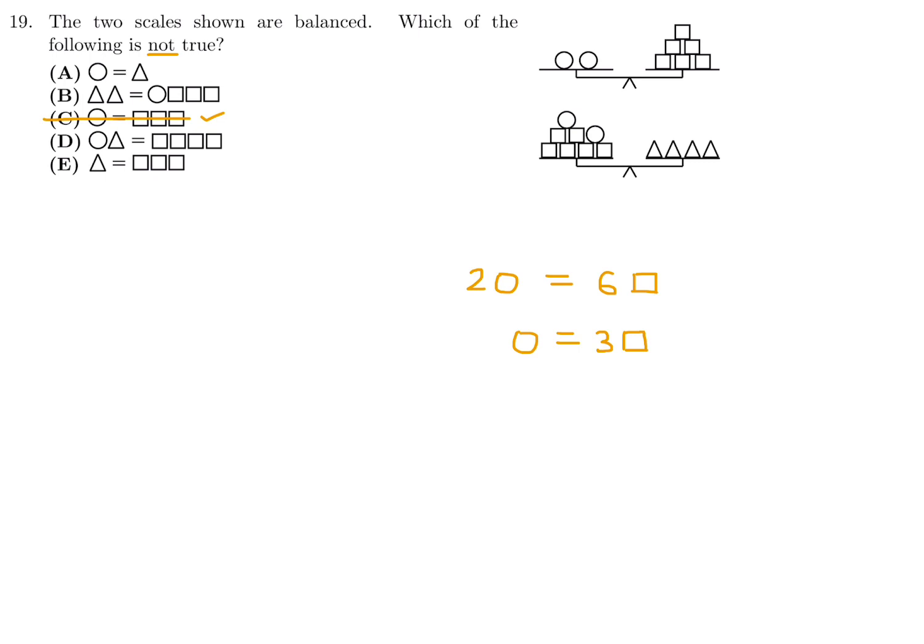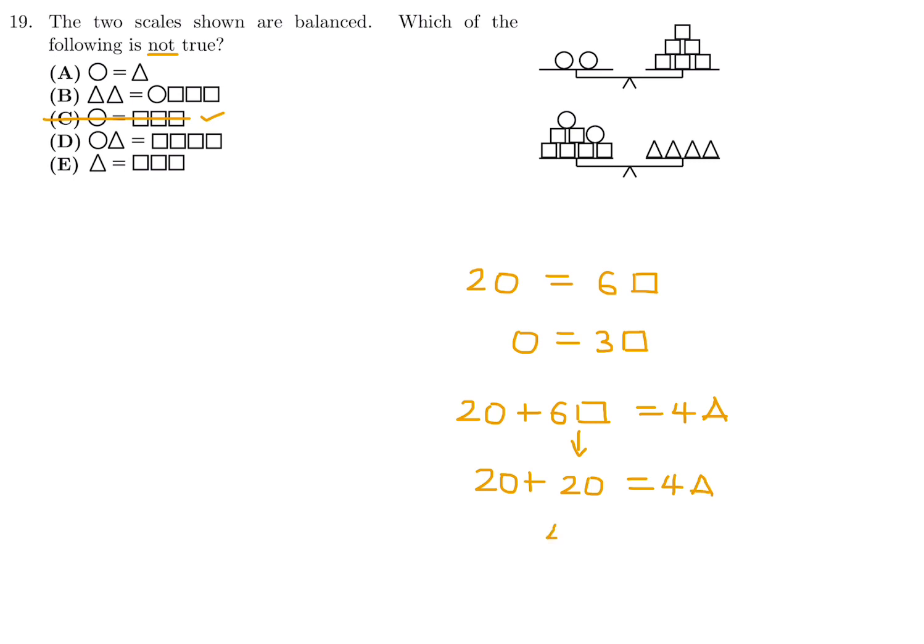From the next one, we get that 2 circles plus 6 squares is equal to 4 triangles. So this one told me that 2 circles are equal to 6 squares. So I can put here 2 circles like that.